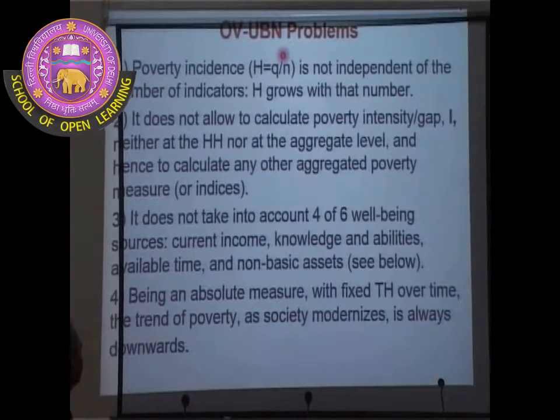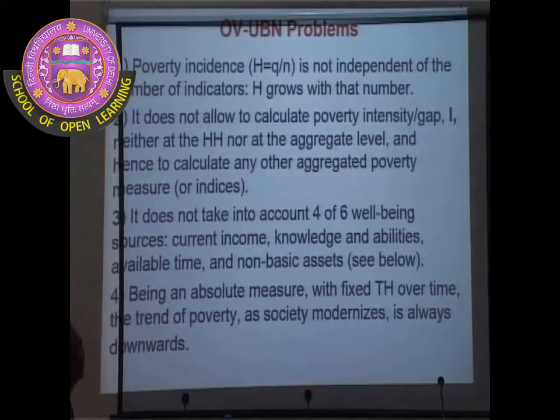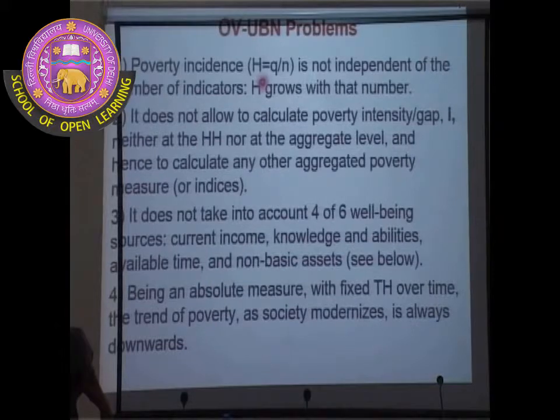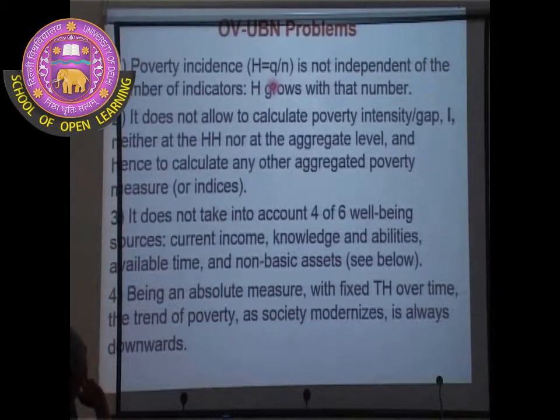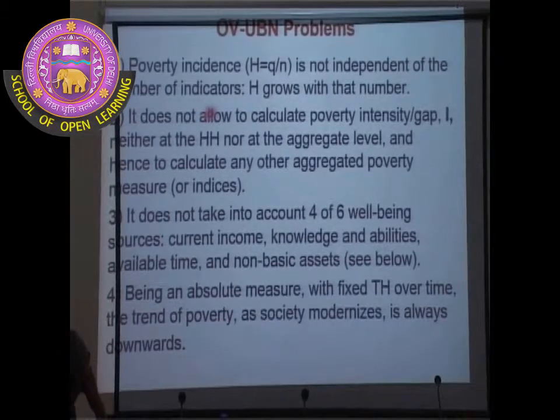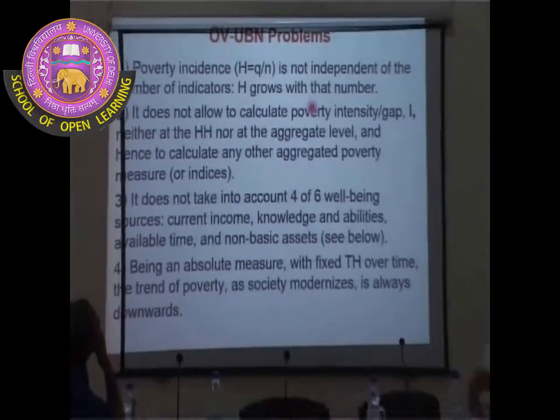This methodology has problems. I will list them. First, poverty incidence, noted as H, which is Q, the number of the poor, divided by N, the population, is not independent of the number of indicators. In fact, H grows with that number.